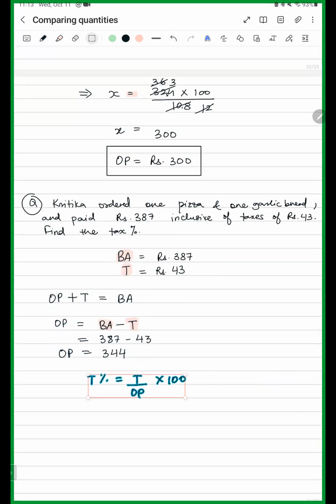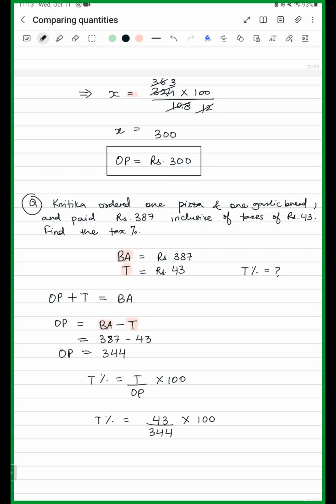So now you have to find the tax percent, right? So tax percent is equal to tax by original price into 100. Tax is how much? 43. Original price is 344 into 100. We can cancel it.